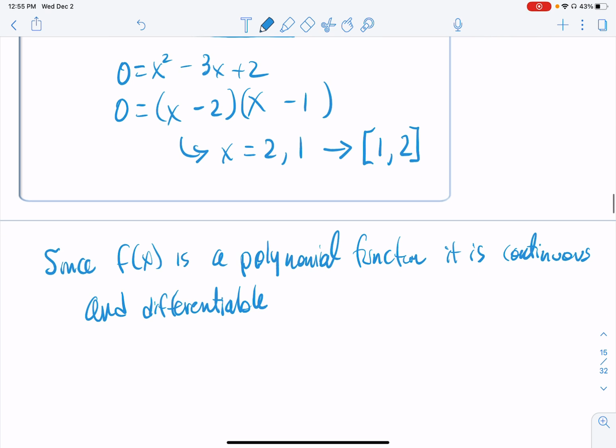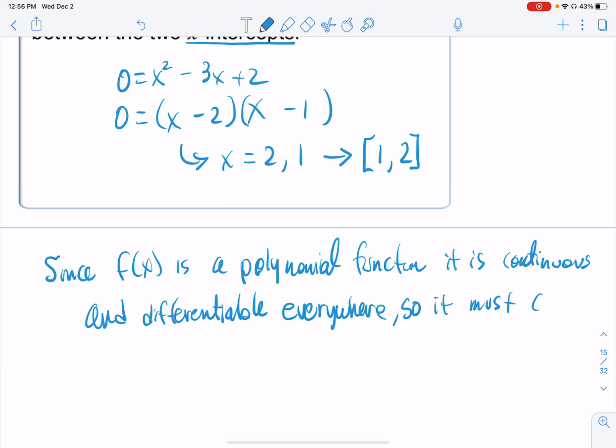I'm proud of myself for spelling that correctly. So it must be continuous. Wait, we have to remember to say that it's continuous on that closed interval. It must be continuous on the closed interval from 1 to 2 and differentiable, I'm just going to abbreviate it this time because I don't trust myself, on the open interval from 1 to 2.